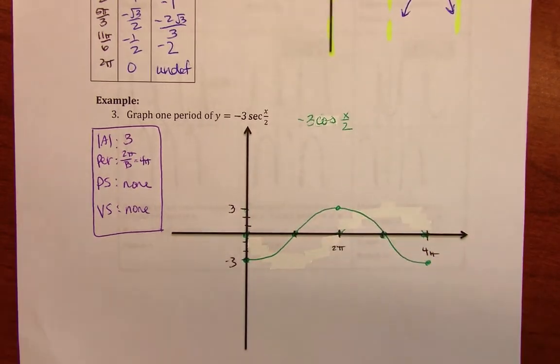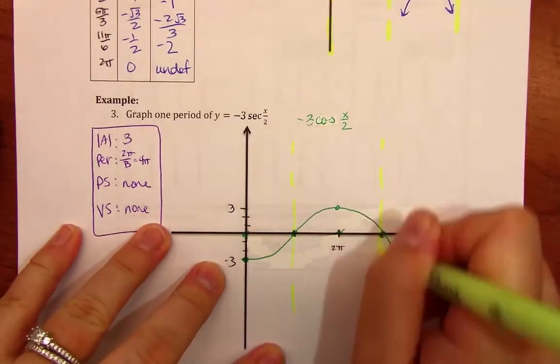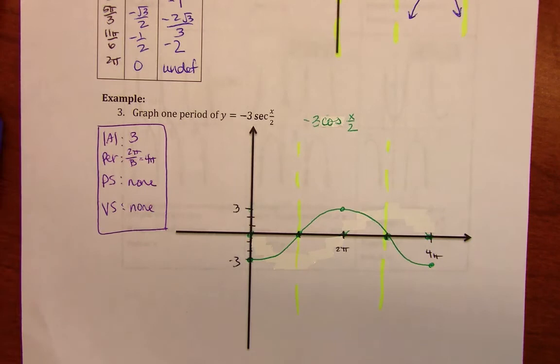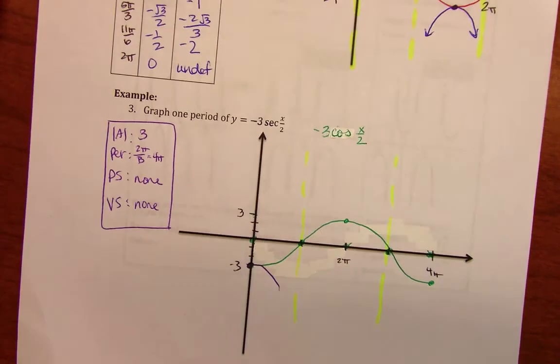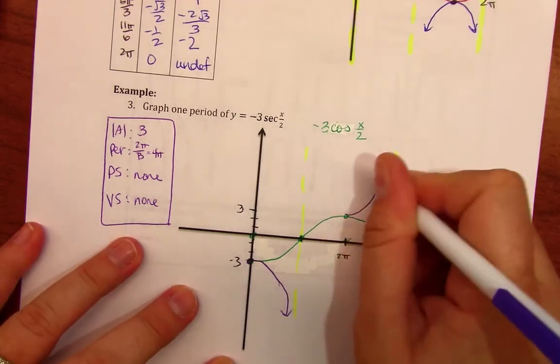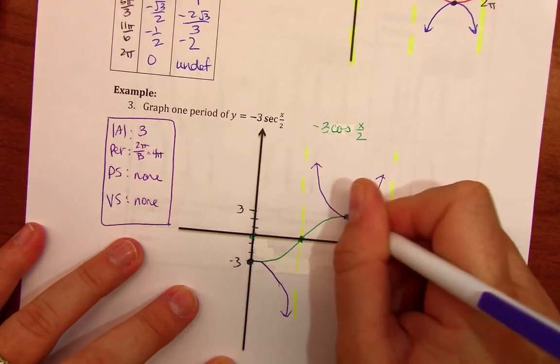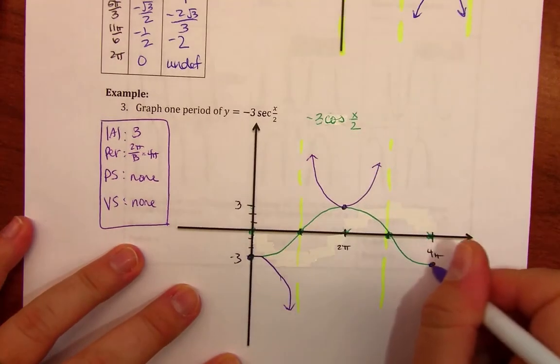And there's my cosine graph, and wherever it is 0, we have an asymptote. And then from here, it's just a parabola. You want to make sure you show that they share that point, and they share this point.